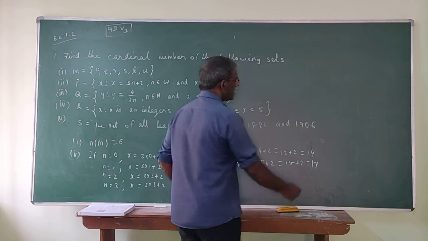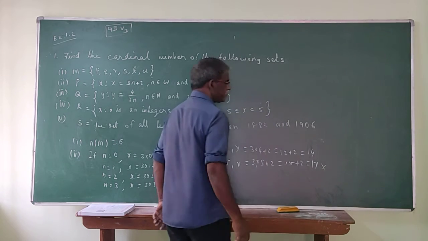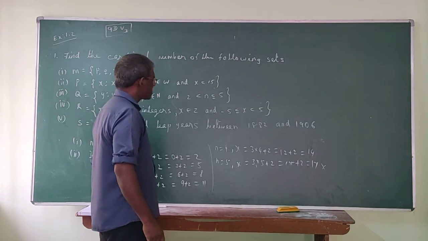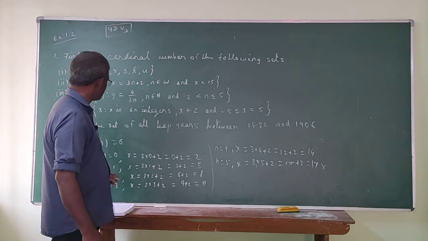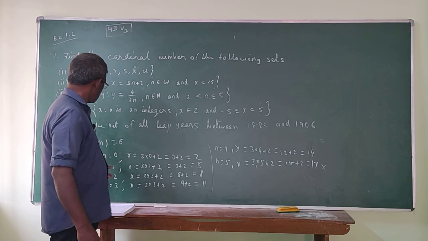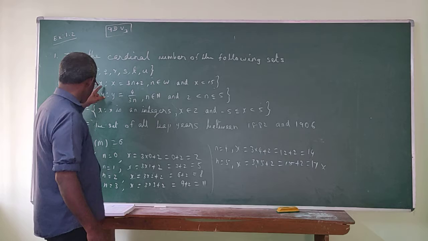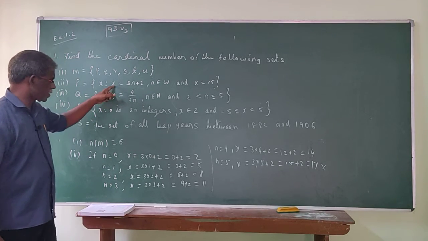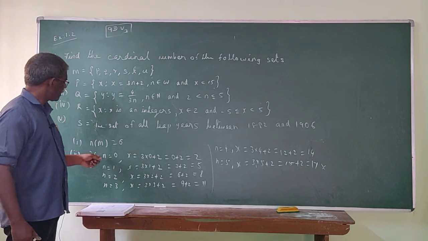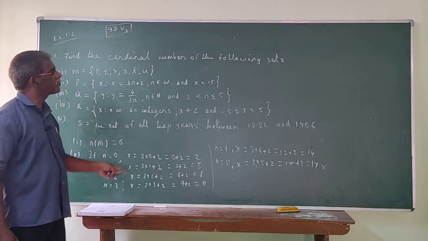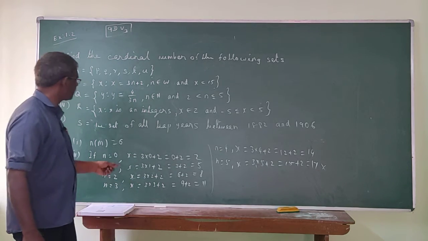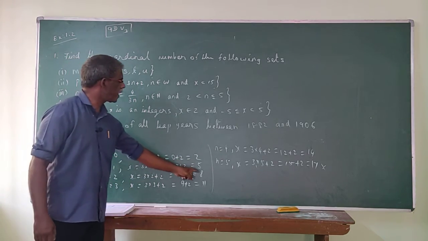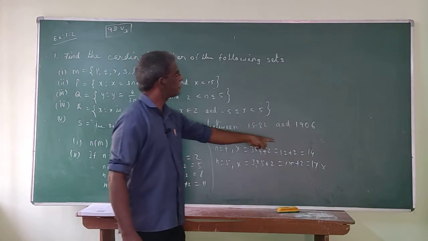So this element we need not include. We have to find the value of x only. So we put n equal to 0 to 4, and we get the values of x: 2, 5, 8, 11, 14.